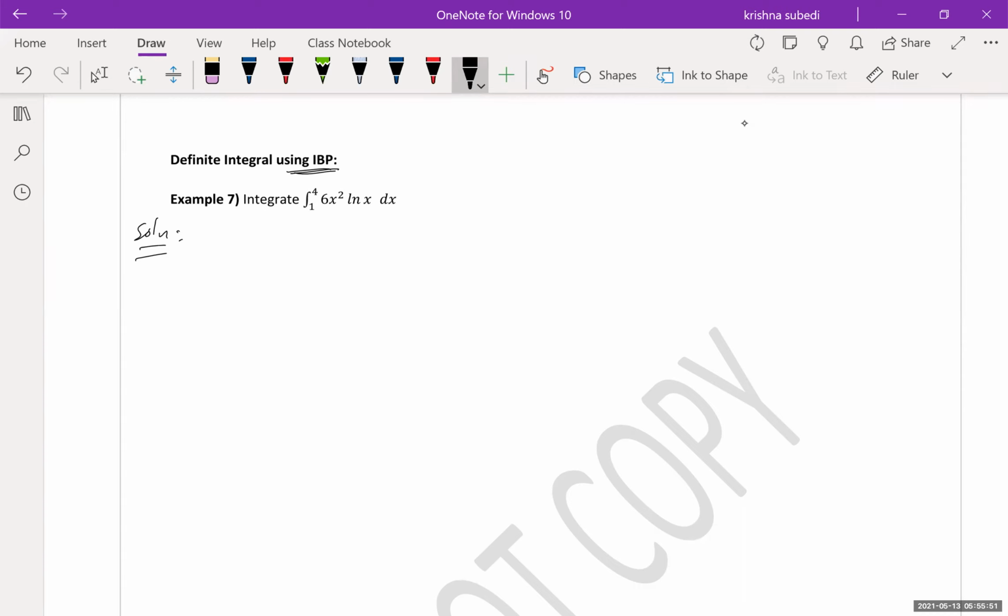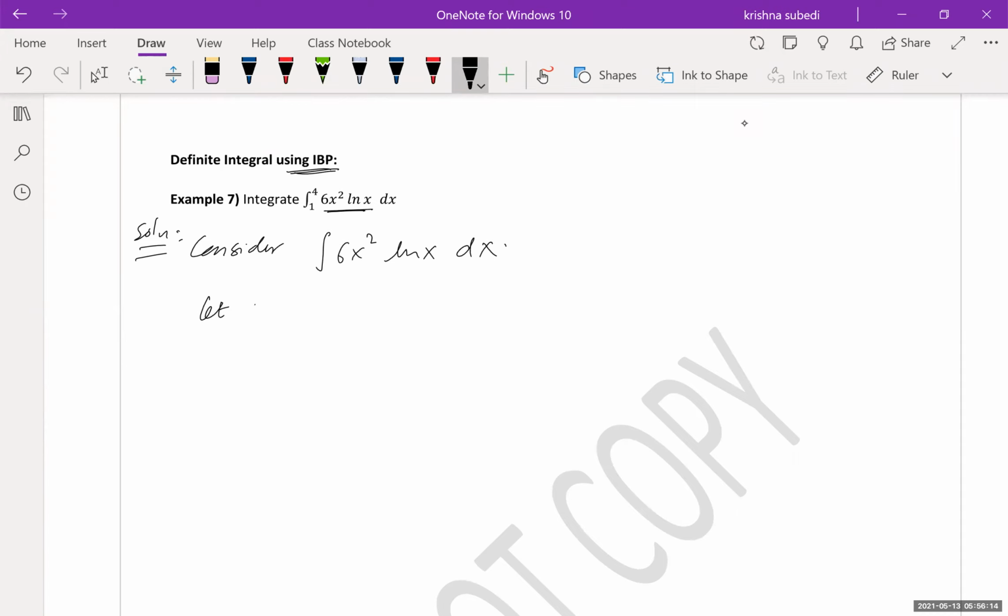This is the definite integral that we want to try. You can use integration by parts, or you can use the tabular method, and I want you to calculate the integration of that. Consider the integral of 6x squared ln x dx.